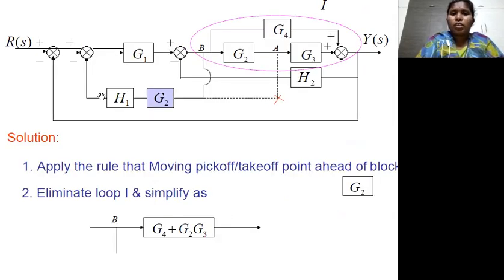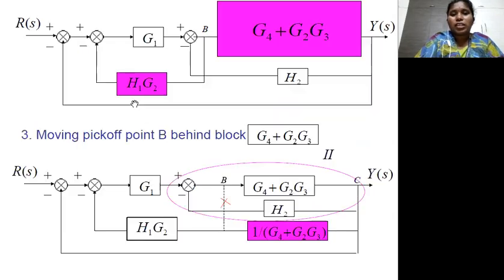Now H1 and G2 are in series connection, so the output is H1 into G2, that is the output which we obtain here. Now we will move the branch point, or takeoff point, or pick off point, from B to behind the block G4 plus G2 G3. That means B is existing here.